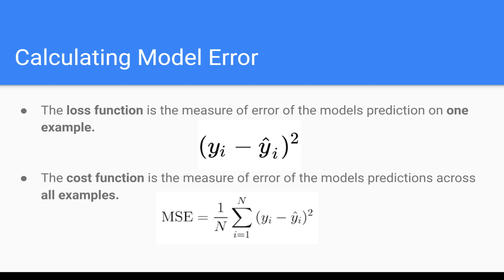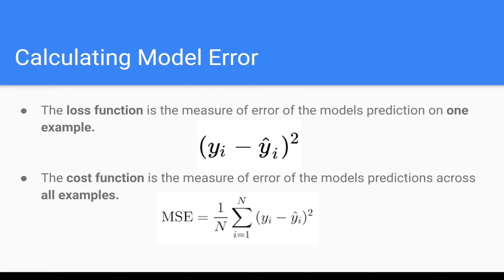In our case, for mean squared error, the error on one example is the actual label, the actual y value that we got in our data set, minus y hat, which is our model's prediction. So it's the actual y value minus the predicted y value by our model, and we take that number and we square it. That's the model's error on that one example, and that's the loss function. So remember, loss function is for one example.